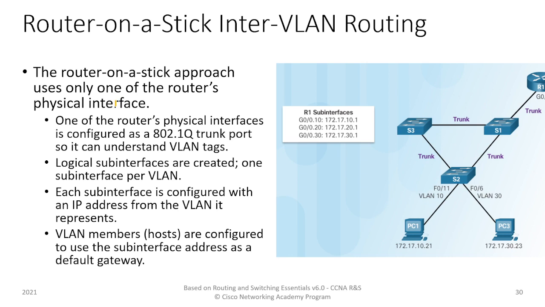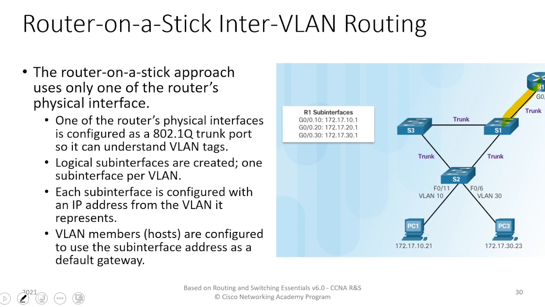So we don't need many separate interfaces interconnecting. We can just configure the same physical interface. We use the same physical interface to interconnect between the router and the switches.